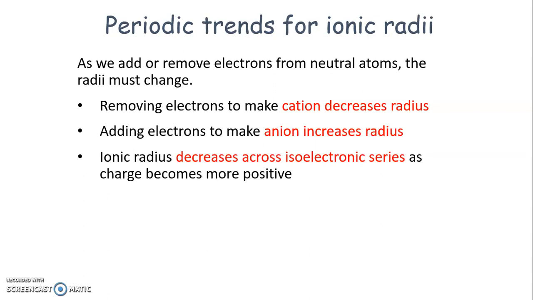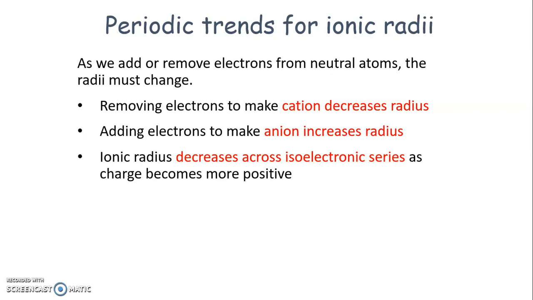Adding electrons to make an anion is going to increase the radius, because now you don't have enough protons and enough effective nuclear charge to hold the electrons as close as when you have a neutral atom. So the next point is a key point. The ionic radius decreases across an isoelectronic series.